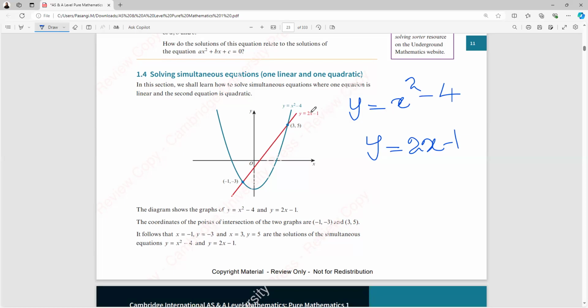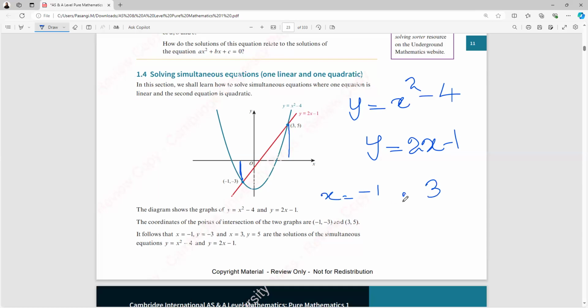Then we look at what the two intersection points are and read those values. If we draw our graphs perfectly, we can read these x coordinates from the graph itself. Then we receive minus 1 as well as 3 as the x values.